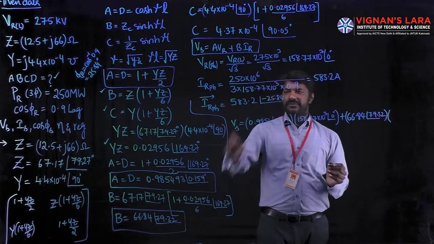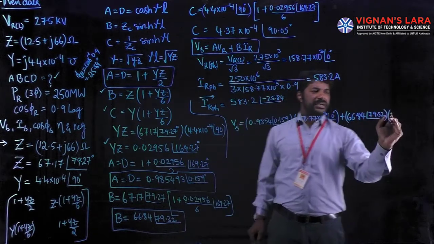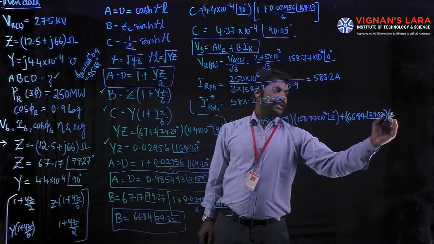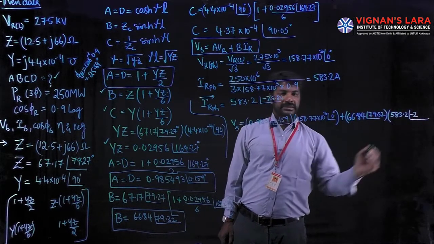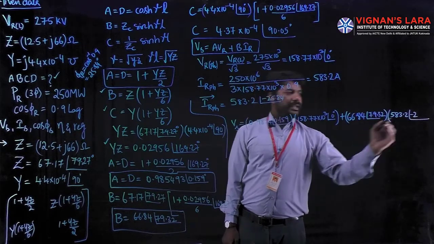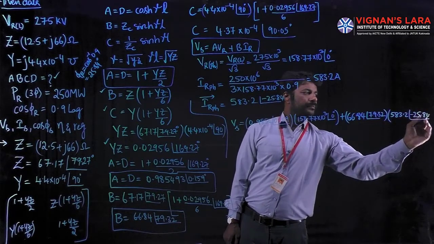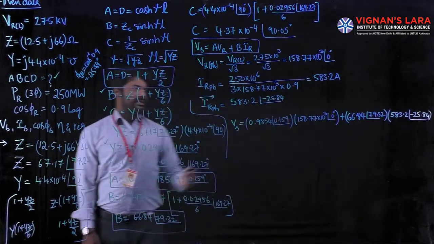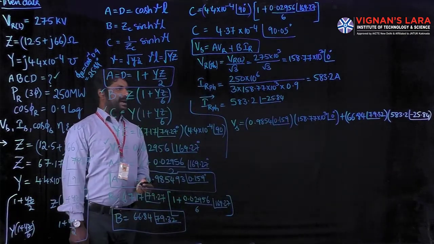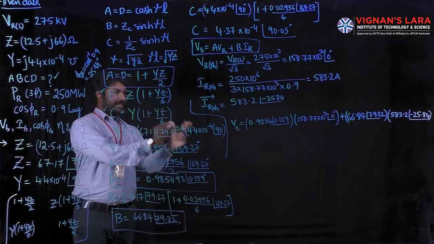Receiving end current per phase we calculated just now. Its value is 583.2, making an angle of minus 25.84. Okay. So this is VS equation, AVR plus BIR. Simplify for that in the calculator.